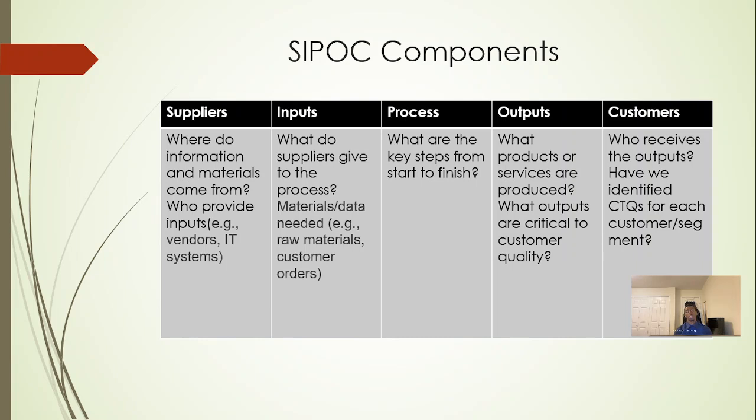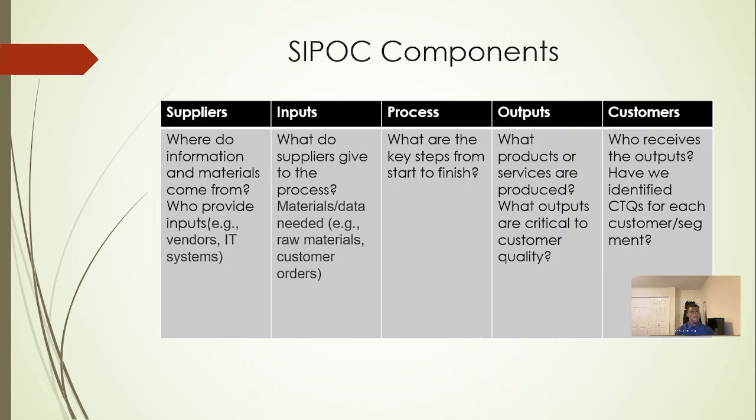For example, in a coffee shop, the supplier is the bean farmer. For the inputs, the second element: what do suppliers give to the process? Materials or data needed, like coffee beans or an online order form.